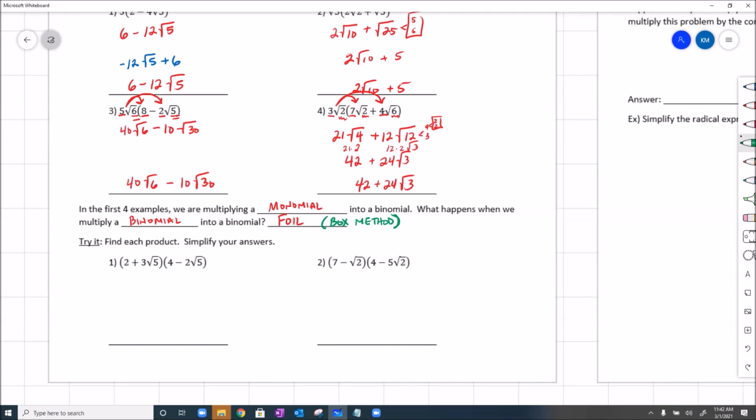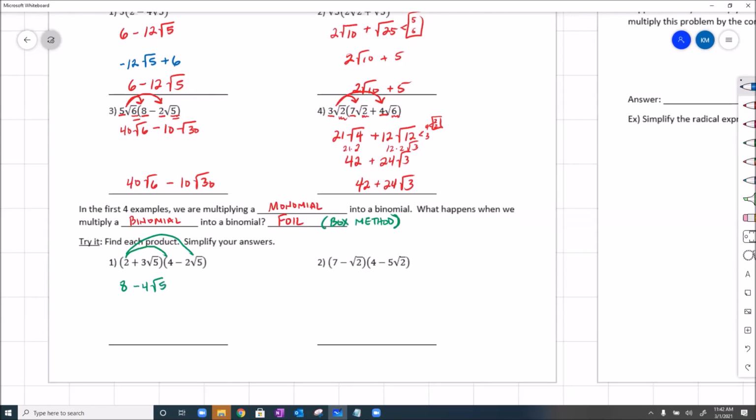We have 2 plus 3 radical 5 times 4 minus 2 radical 5. Again, I don't really care which method you use. I'll use FOILing. So 2 times 4 gives me 8, the firsts. 2 times negative 2 radical 5 gives me minus 4 radical 5, the outsides.